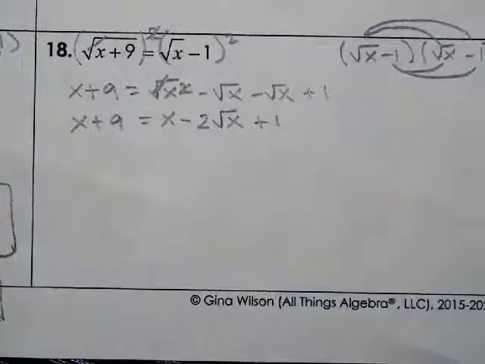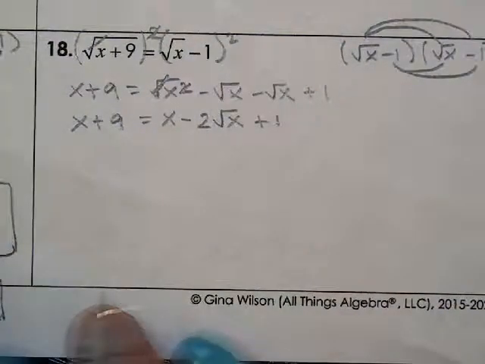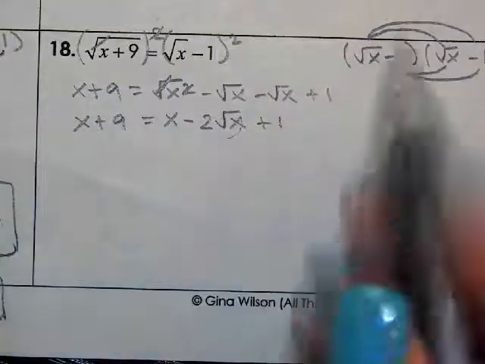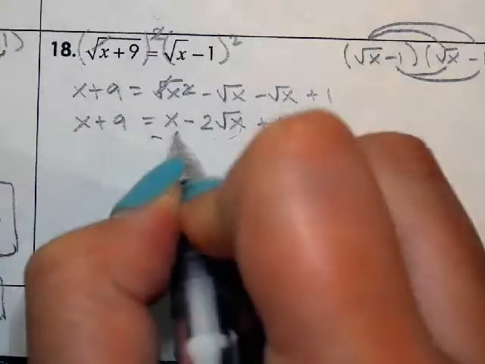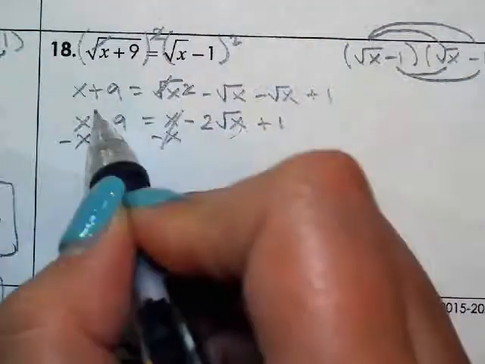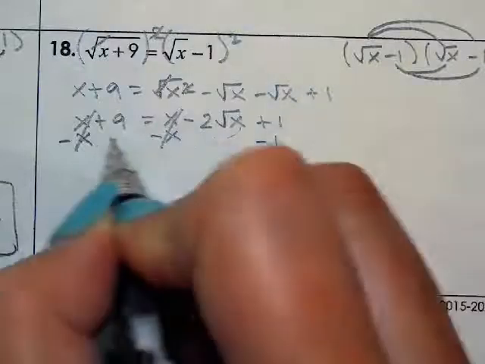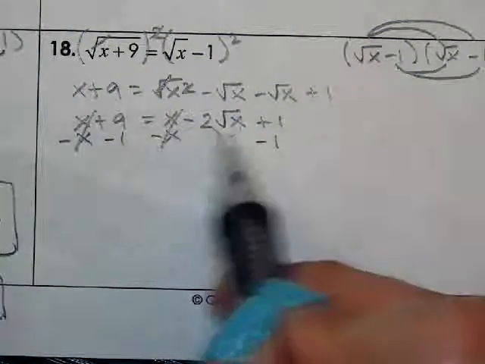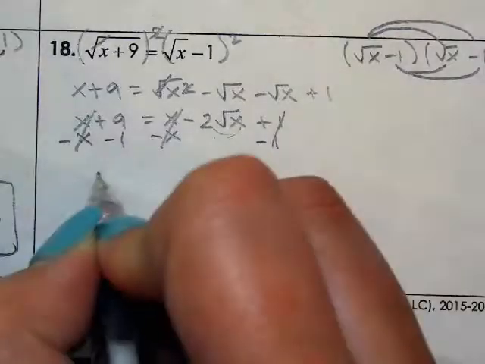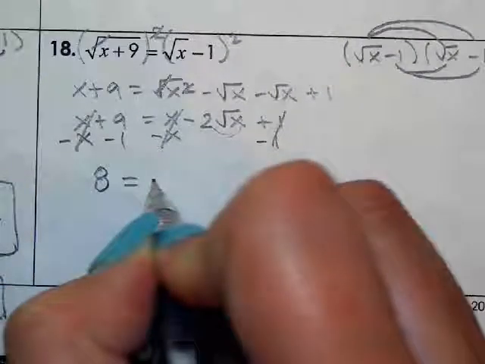So I'm going to subtract x. Okay, so that's interesting. And then subtract 1. So my goal is to isolate this. So I have 8 equals negative 2 root x. Okay, so I can divide by negative 2.